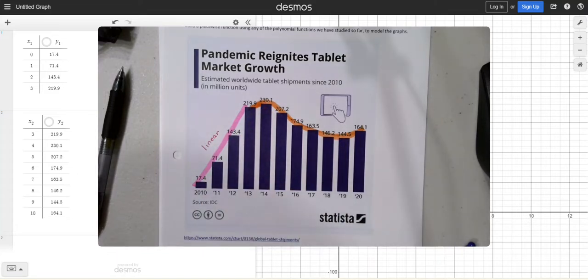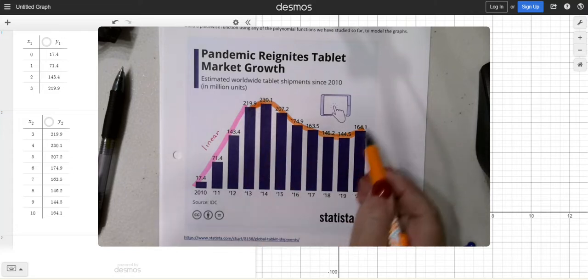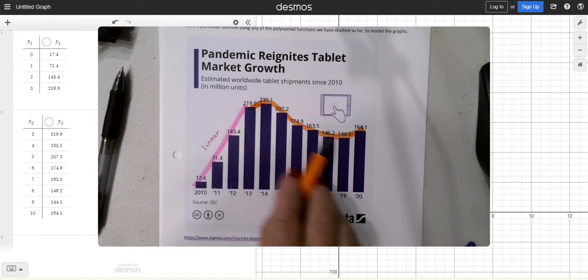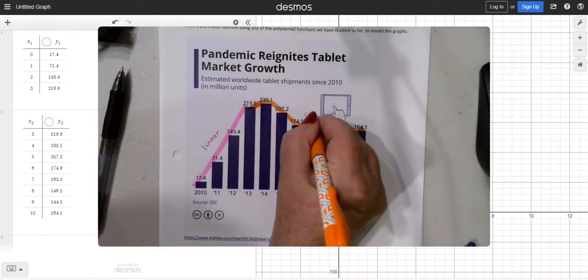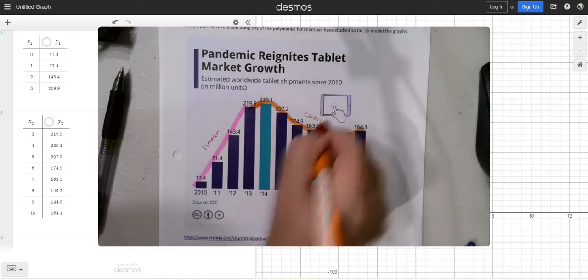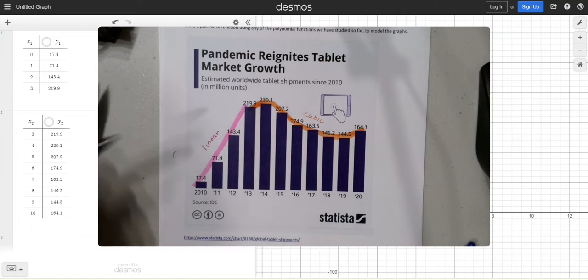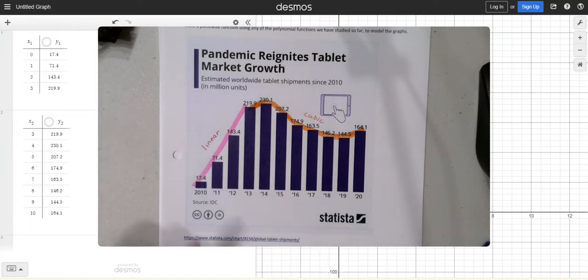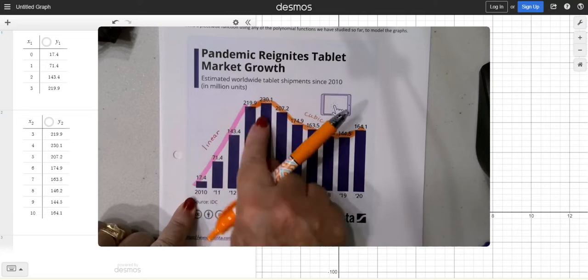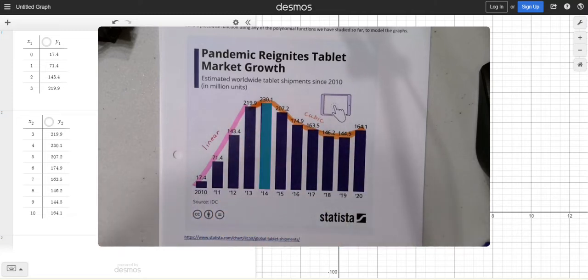That reminds me a bit of a cubic function. Odd-powered for sure, since it's down to the left and up to the right. But the two turning points make me think maybe cubic. Now I won't really know until I try my model to see if I get decent correlation coefficients. But if I do, I might be able to make a two-piece model, one linear, one cubic, that will reflect this data pretty well. We're going to give that a try.